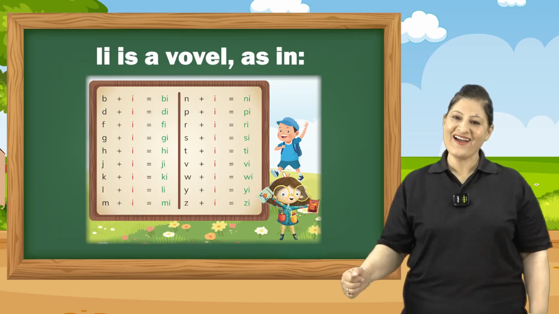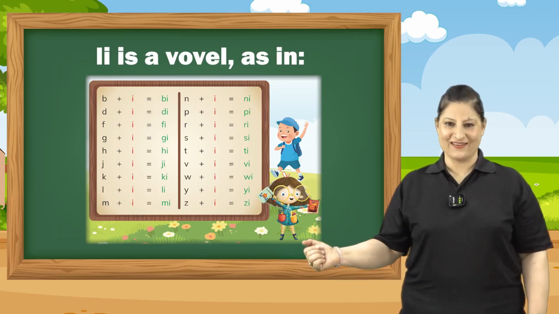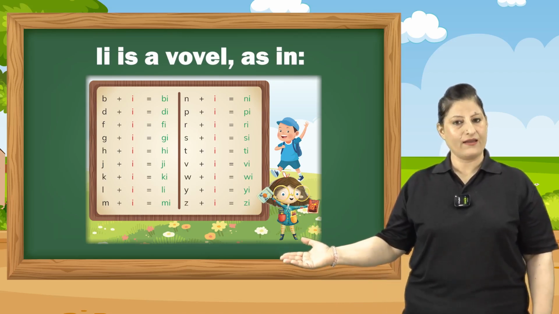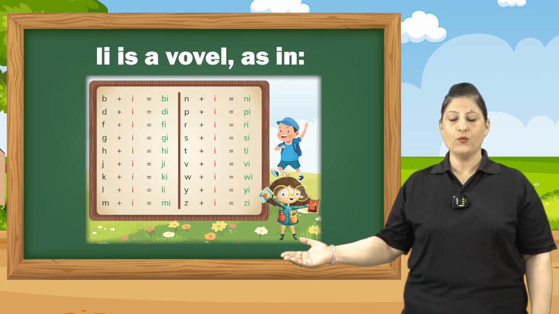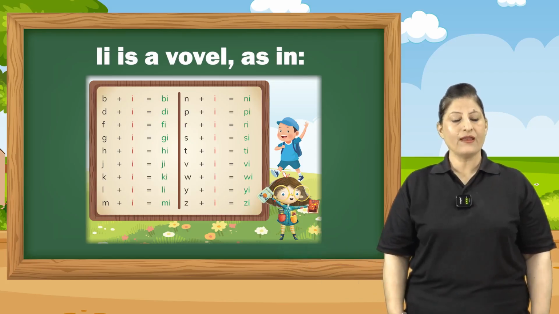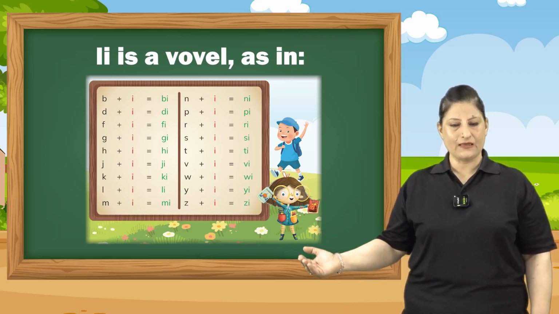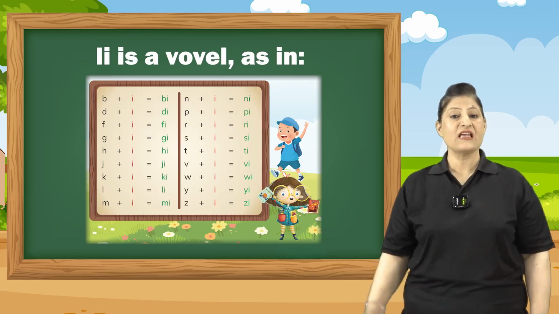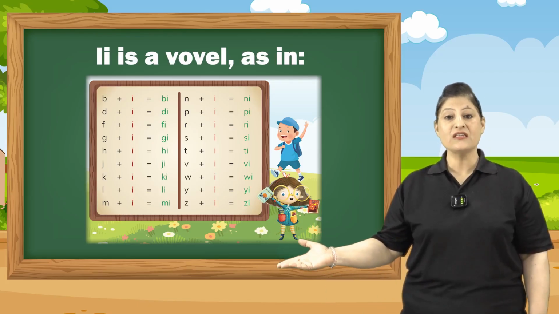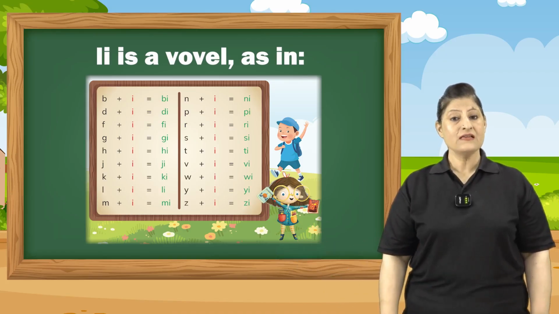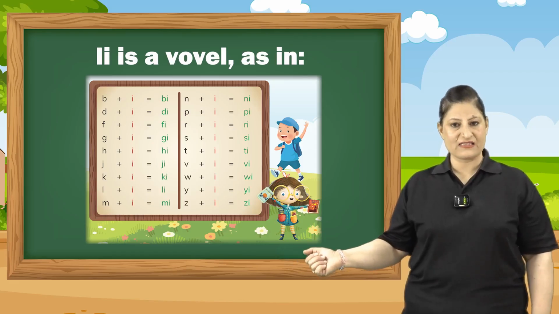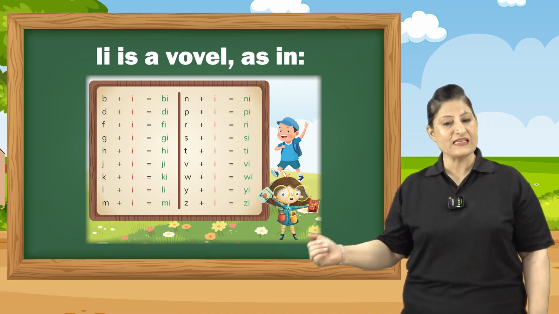Similarly, T and I together say ti. V and I together say vi. W and I say wi. Y and I say yi. And Z and I say zi.